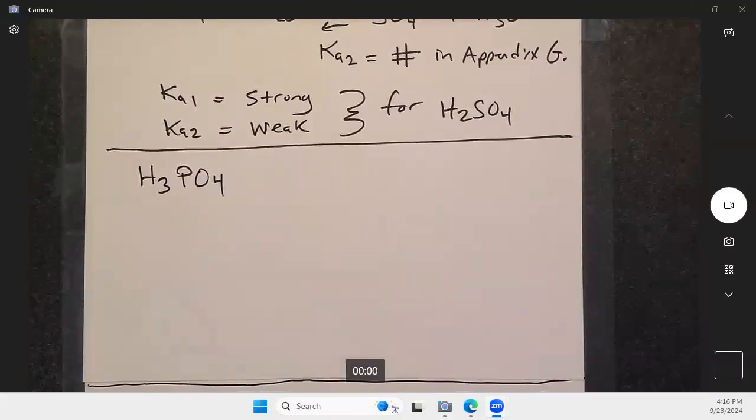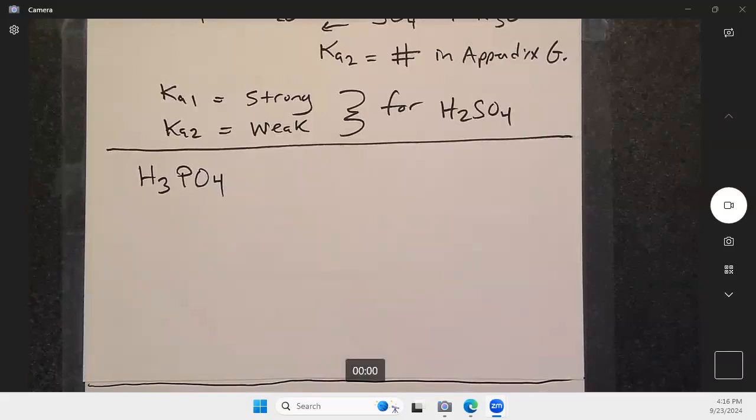Is it on that list of strong acids? No. In fact, there was only one of those strong acids that was not a monoprotic acid, right? That was sulfuric acid, and we talked about the exception just now.